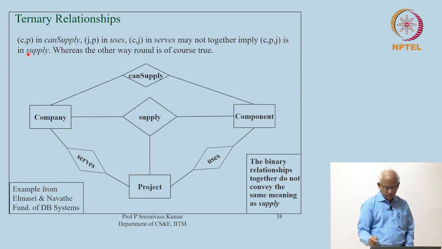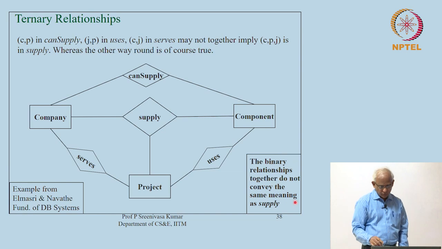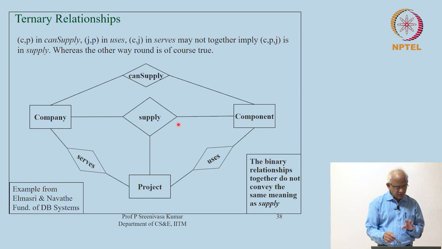So, the binary relationships together do not convey the same meaning as supply. When we are dealing with n-ary relationships, ternary and in general n-ary, we will have to pay attention to the domain details and appropriately capture them.